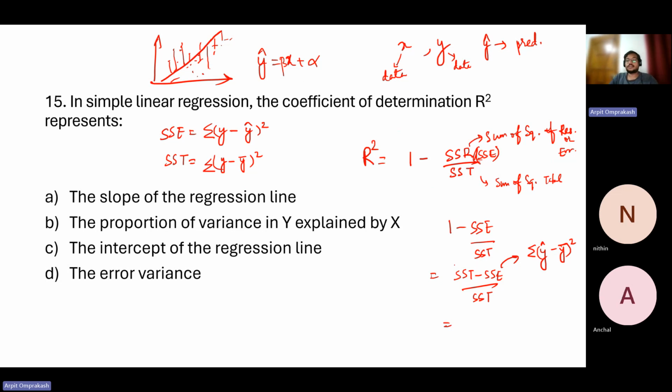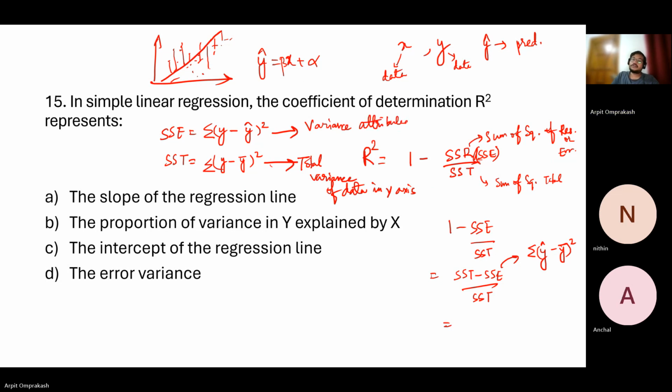So this is also a variance term. We have the total variance, which is the total variance of data in the y-axis. And this is the variance that can be attributed to error in our predictions.